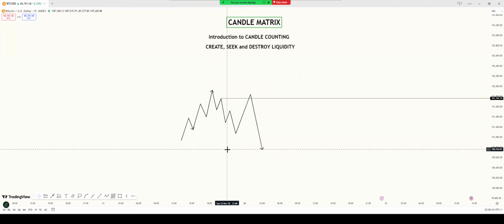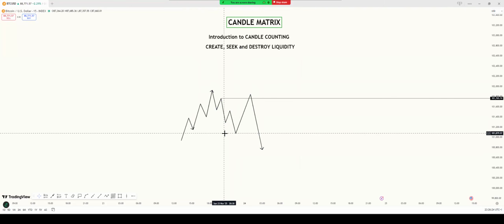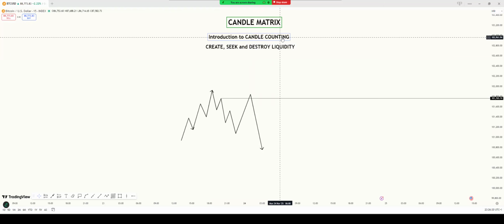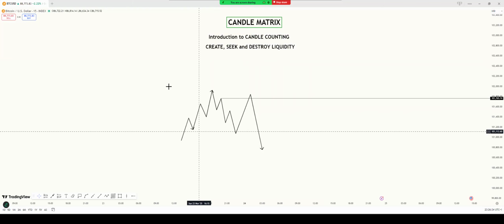So the highs and the lows that can cause price to reverse and also present a trading opportunity for us are very specific. And we can identify them by candlestick counting. Let's move forward.